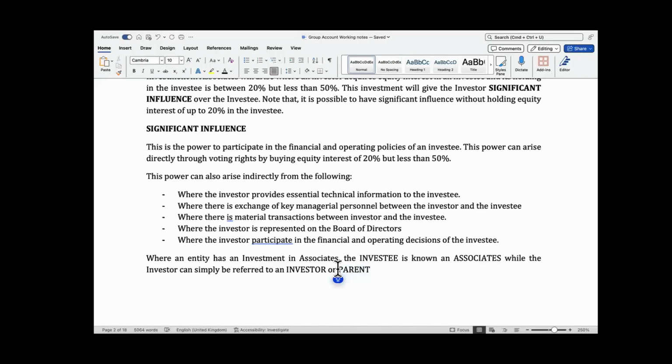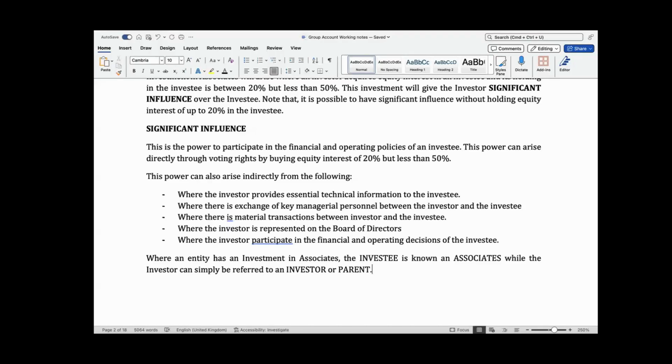Because you're a parent if you have investment in subsidiary. We just call you an investor if you have investment in associate, but you find questions calling them parents like that. So it's fine. So that's the introduction to investment in associates and investment in subsidiary.